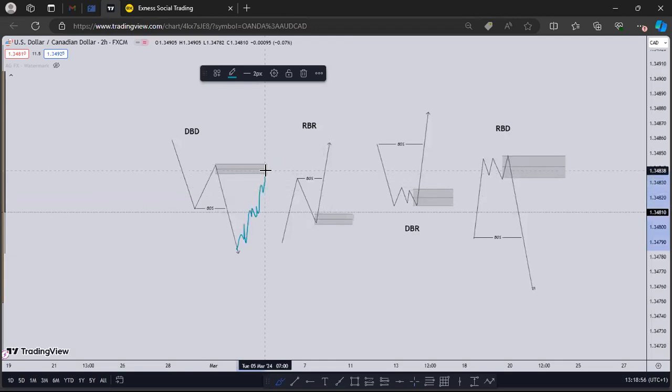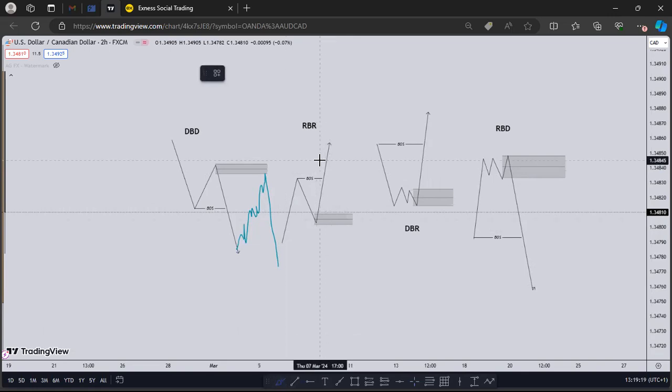If your confluences are right, the market created an inducement before that zone, or that zone has an imbalance, you are good. Take your trade. The market would respect.